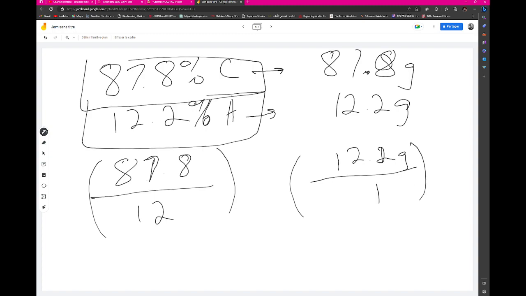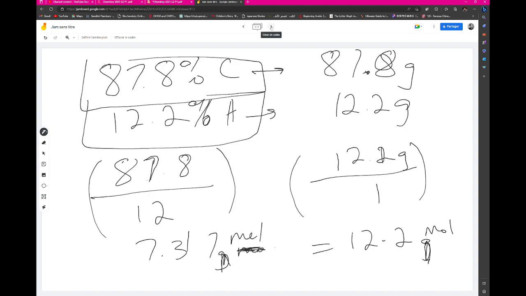Let me get my calculator. 87.8 divided by 12 gives about 7.317. And for hydrogen it gives 12.2. This is moles, sorry about that.